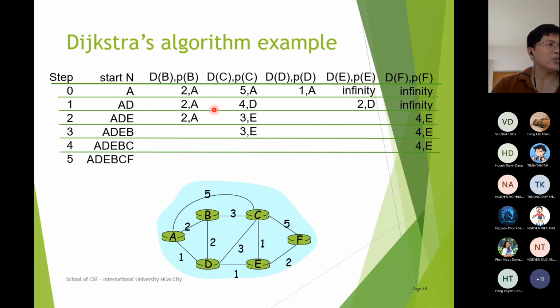Let's say we take E here, and we update C, because E can go to C, so we have a better path there. We have E go to F, we update here, and again we select the best one, so we have B, where we remove it, and we update C, and so on.